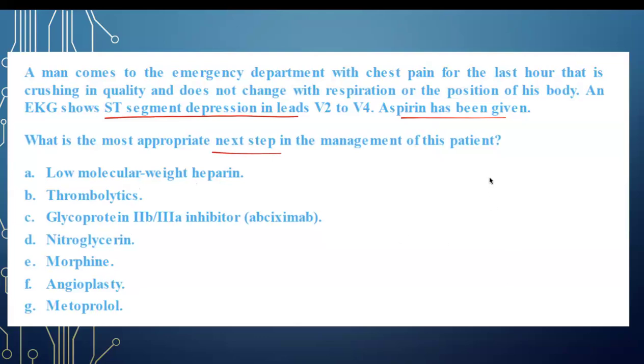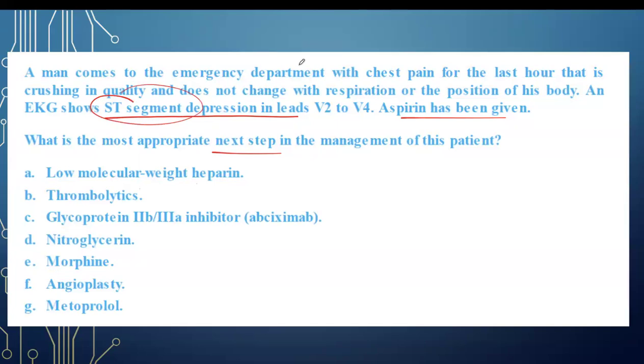So this we haven't discussed yet. For ST elevated MI, after aspirin, you involve the catheter lab for angioplasty. Remember, at the initial part of this class, we discussed that reperfusion is not needed for non-ST elevated MI or unstable angina. So someone who has ST depression has either unstable angina or non-ST elevated MI.